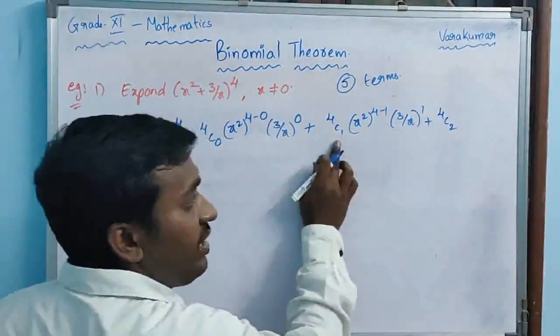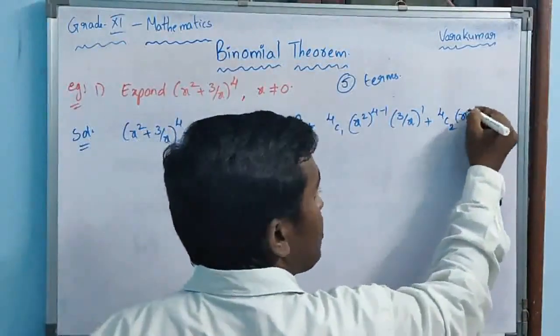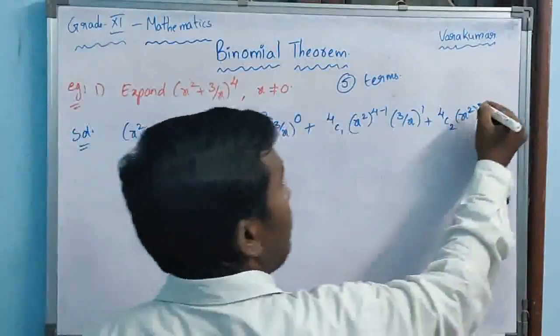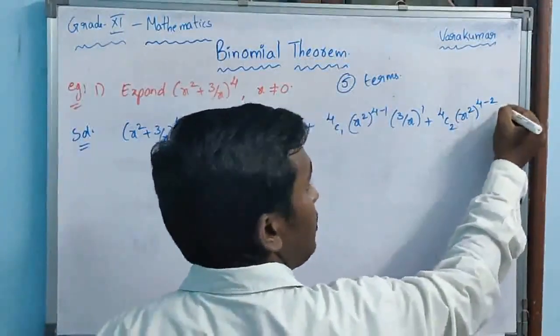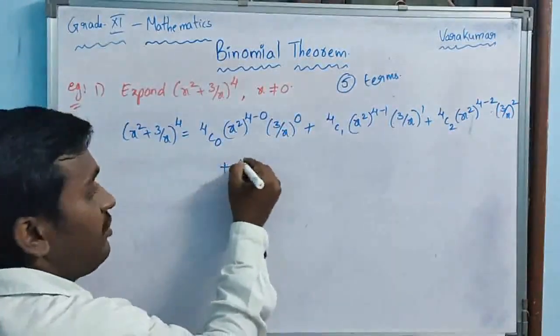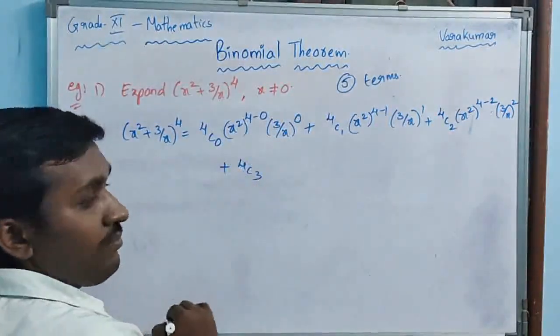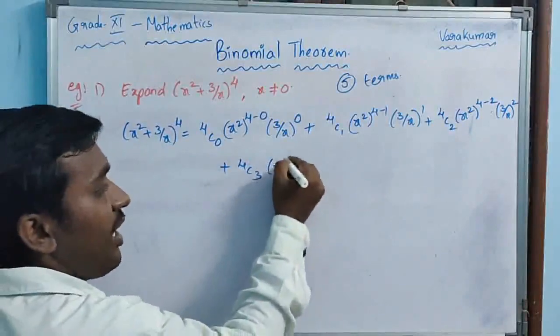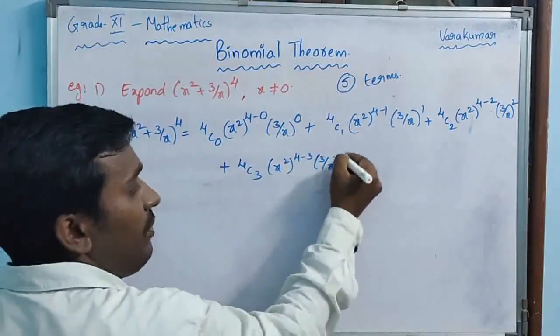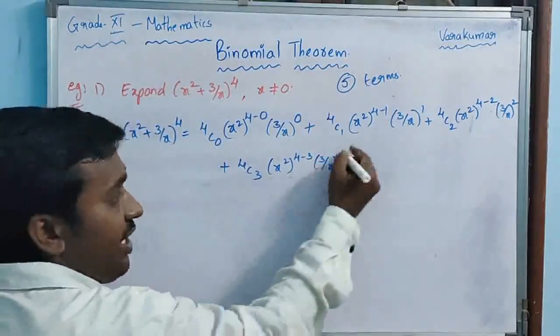Please write all the terms. 4c1 is over, then 4c2: the first term is (x²)^(4−2) into (3/x)^2. Then the next term, 4c3, (x²)^(4−3) and (3/x)^3.